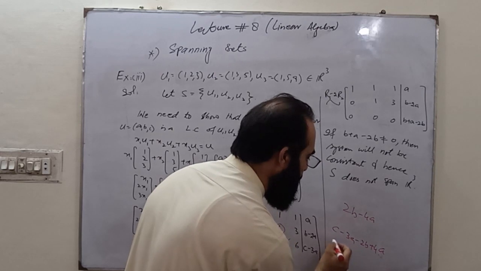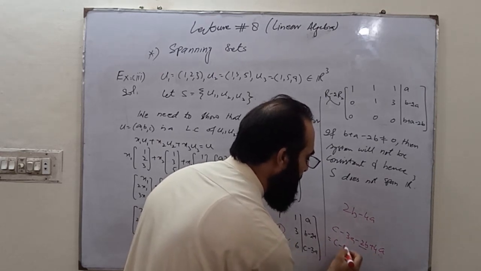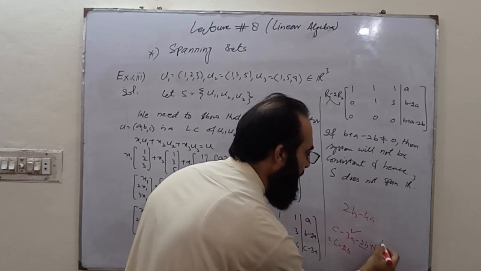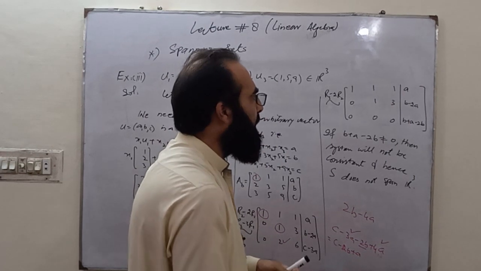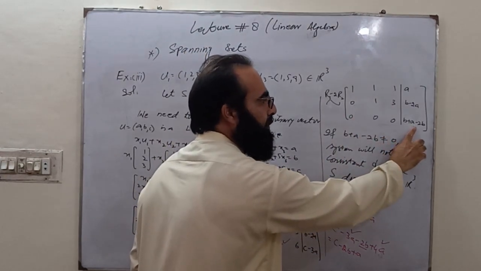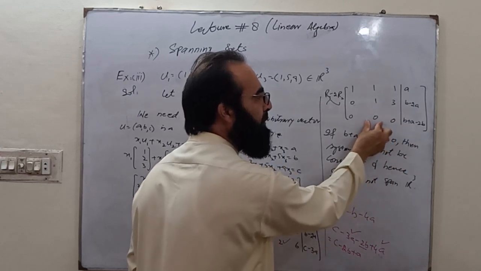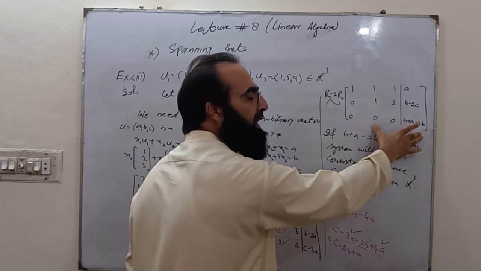Now simplify this one. This will give us C minus 2B, and minus 3A plus 4A will give us plus A. Now, if this value is not 0, then the rank of the coefficient matrix and the rank of the augmented matrix will not be equal.